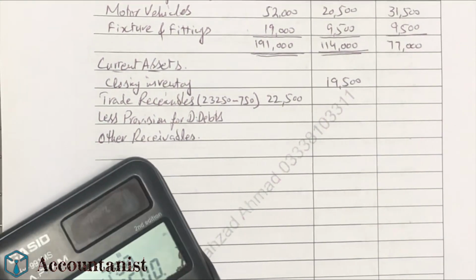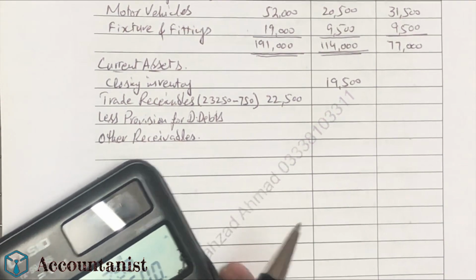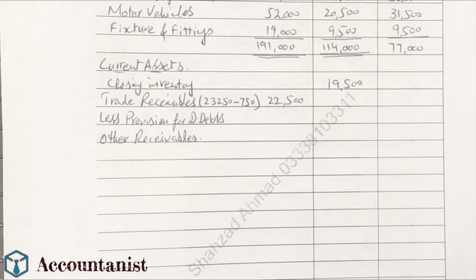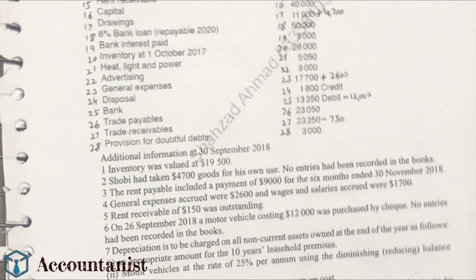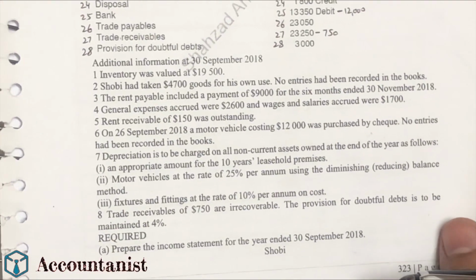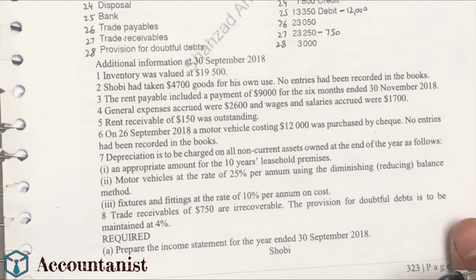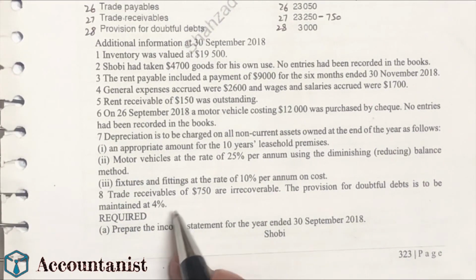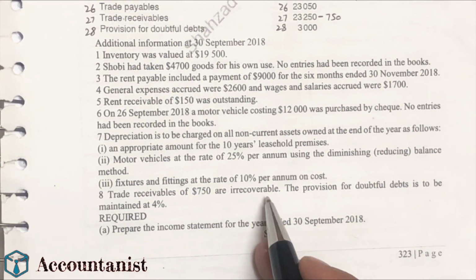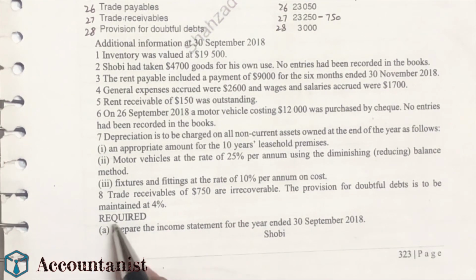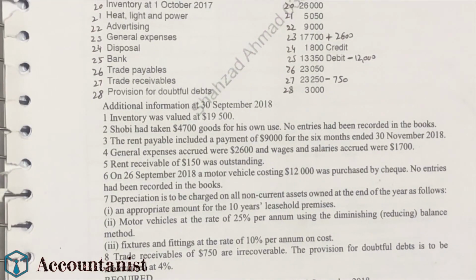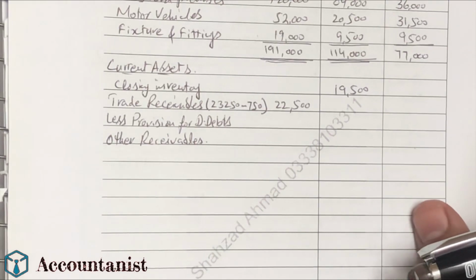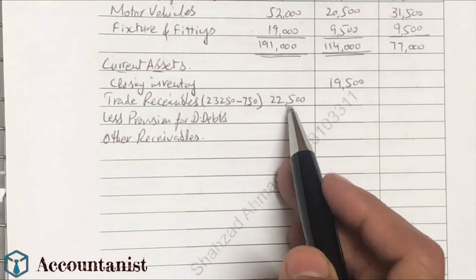Now we need to deduct the provision for doubtful debts balance, as the question says we need to calculate the provision by 4%. If you read the last adjustment that we had, it says that trade receivables of 750 are irrecoverable and the provision for doubtful debts is to be maintained at 4%. So here we don't need to calculate the increase or decrease in provision. We just need to multiply this number by 4%.